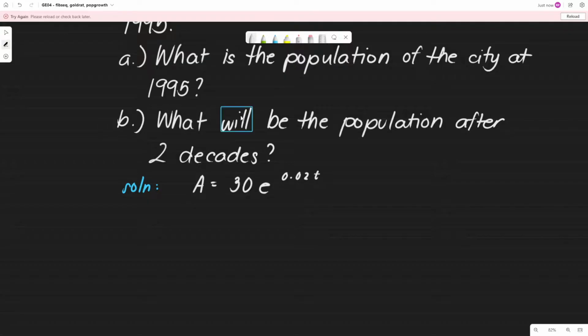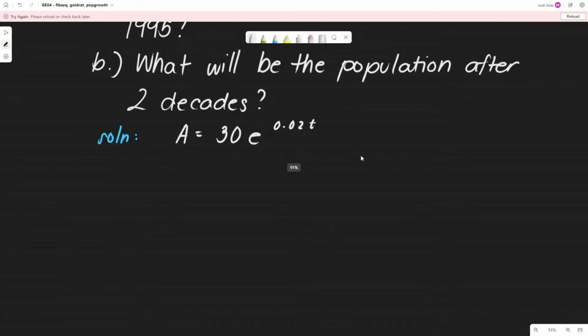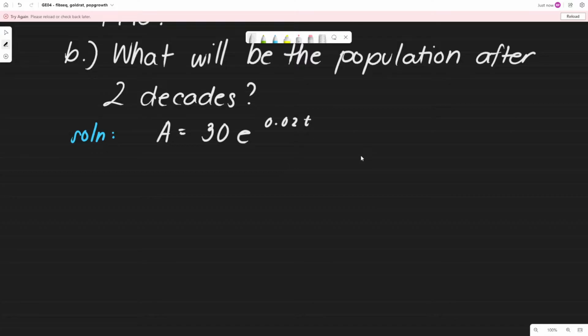If you're going to compare it with the formula I gave earlier, this is still A. 30 is our P, that's the initial population. Then 0.02 is our R, in this case the growth rate. Then we have T, of course, the time difference.